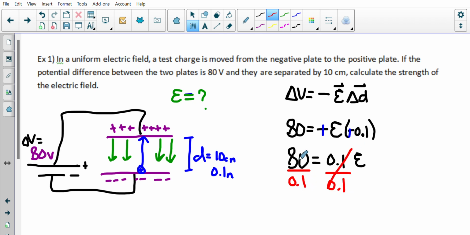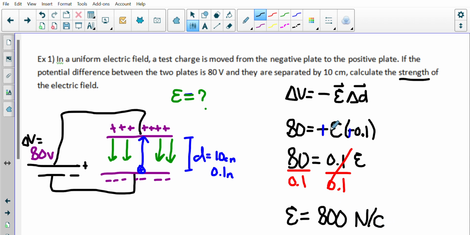Those divide each other out. And again, we're just looking for the strength of my electric field because I could have drawn this diagram multiple ways. Now, if I take 80 and I divide it by 0.1, I get 800. And that is newtons per coulomb.